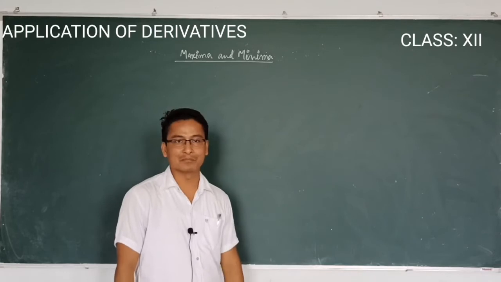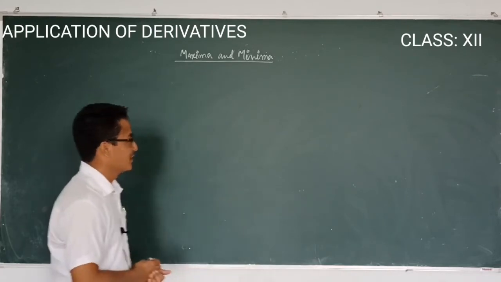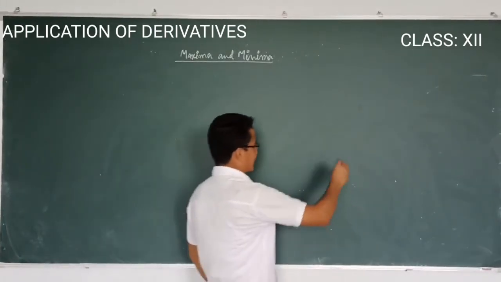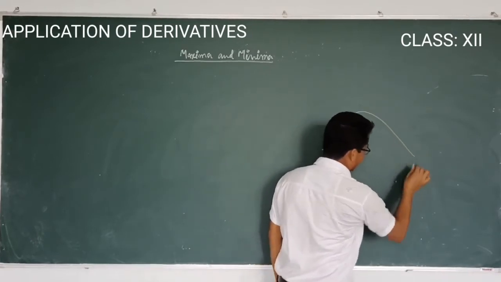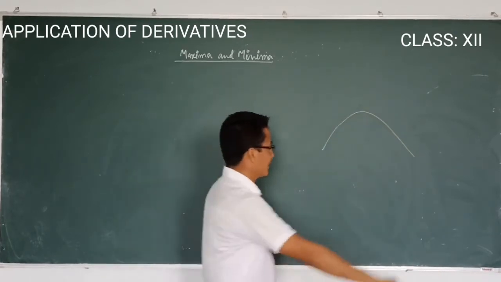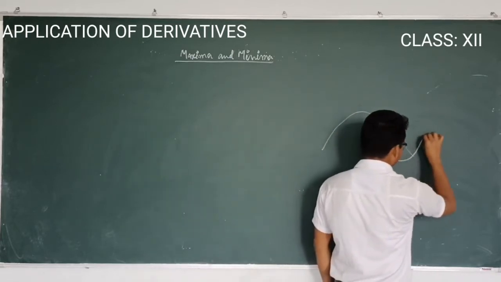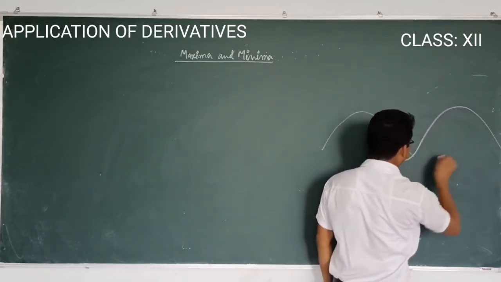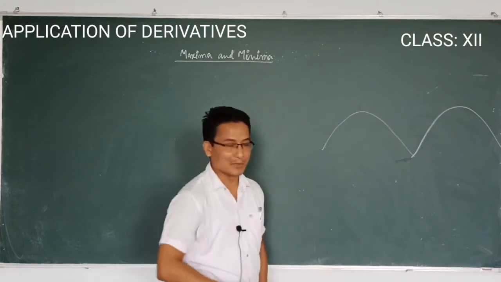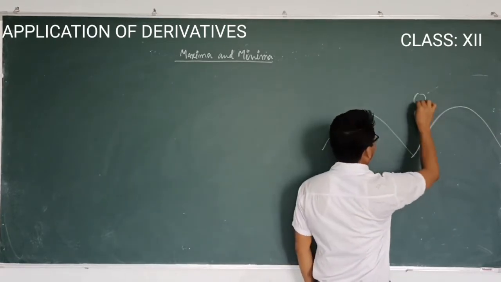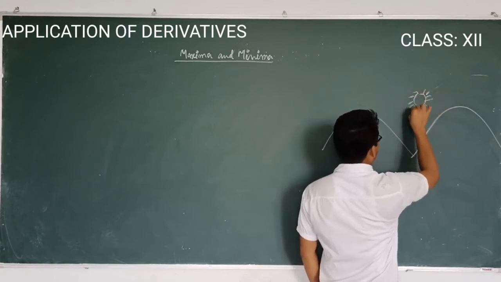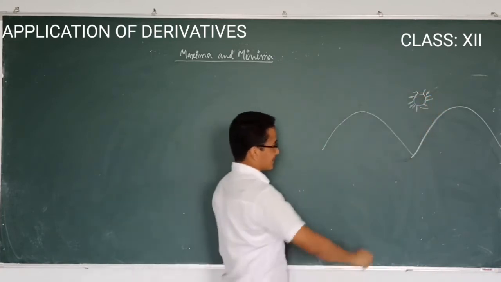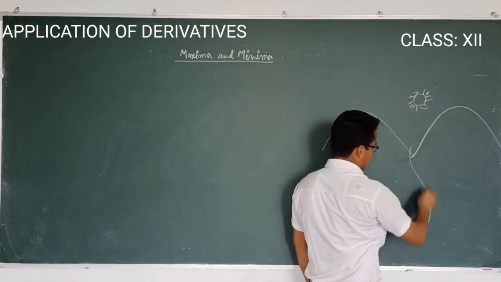Can you remember when you were in a very lower class, KG, UKG, class 1, what was your first drawing? Maybe your first drawing is like this. You draw a mountain, and here another mountain, and somewhere between them the sun.